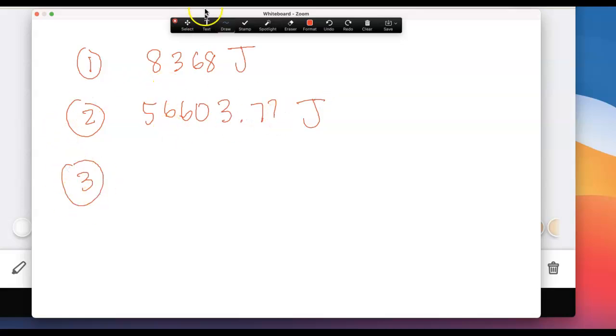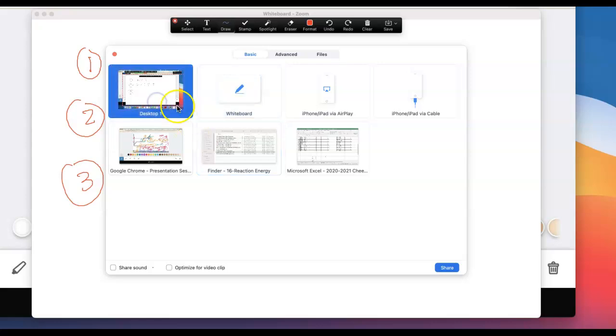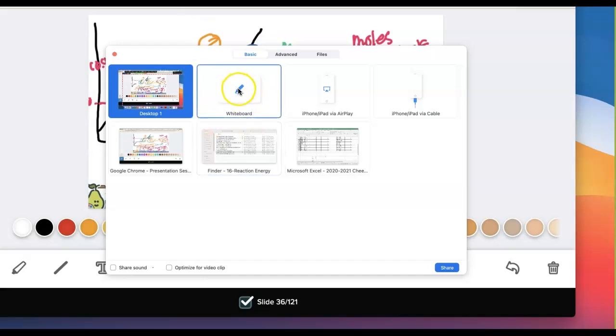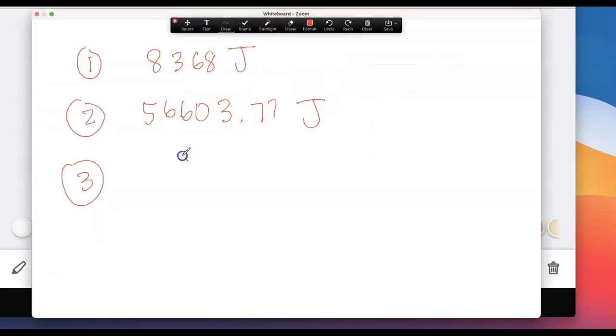Okay. Equation 3 is 25 times 1.87 times, what is 120 minus 100, excuse me. It is 20. So for that one I got... okay. Just add them together.